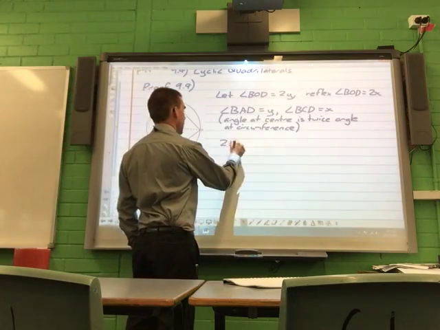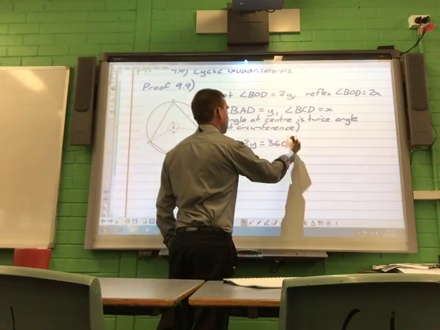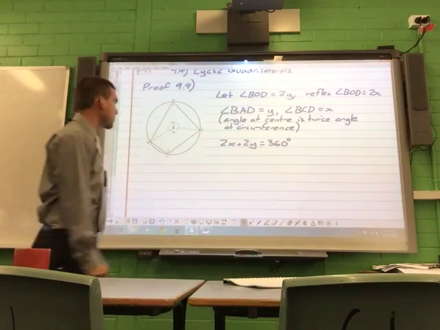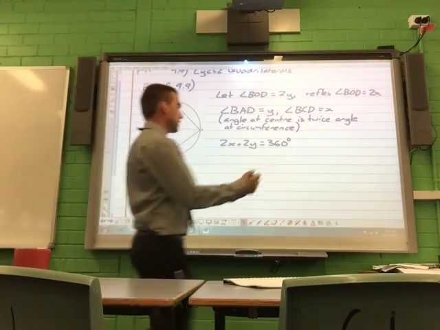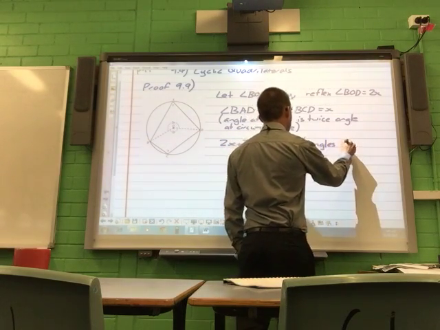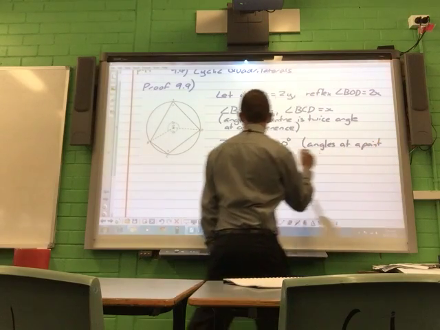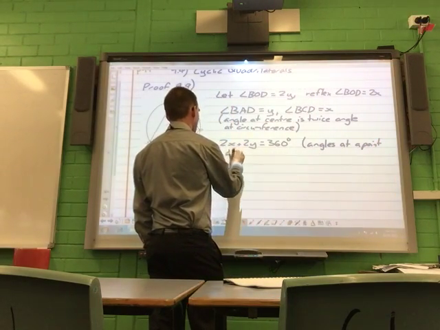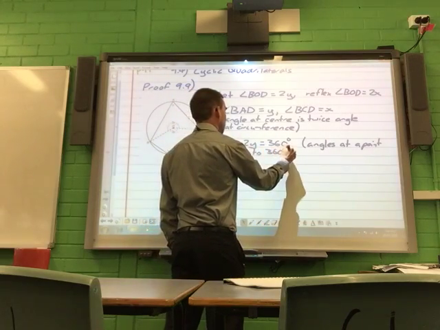So we know that 2x plus 2y must equal 360 degrees. The reason: angles at a point add to 360 degrees.